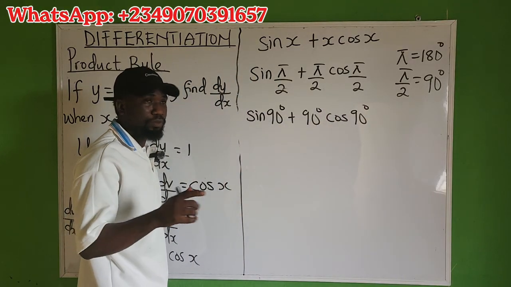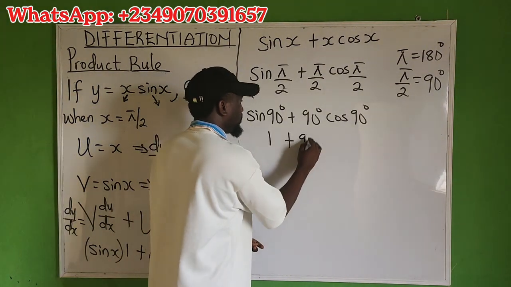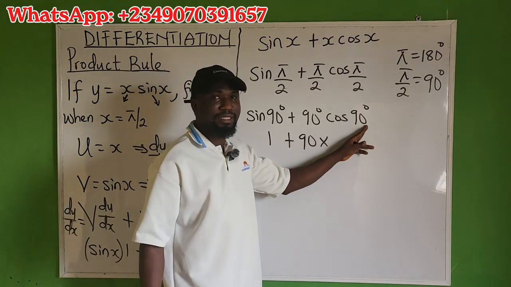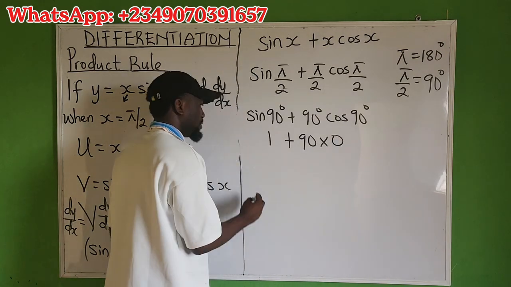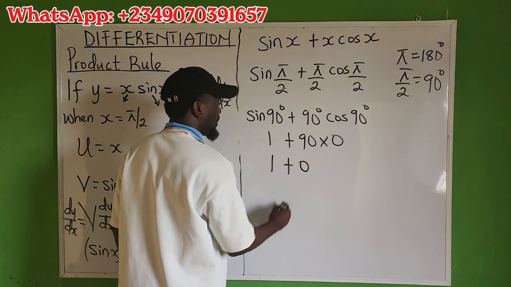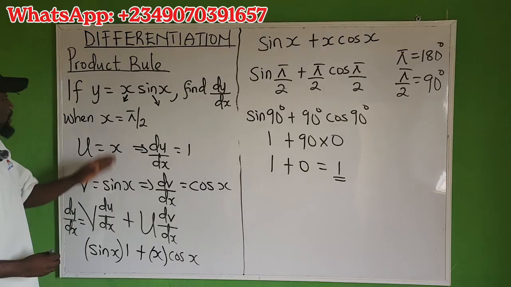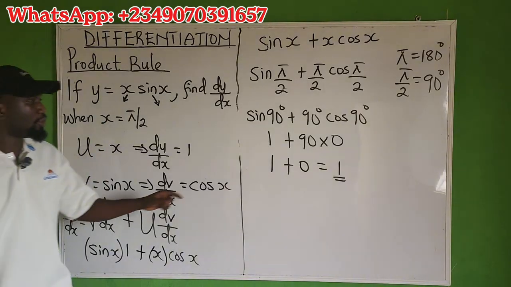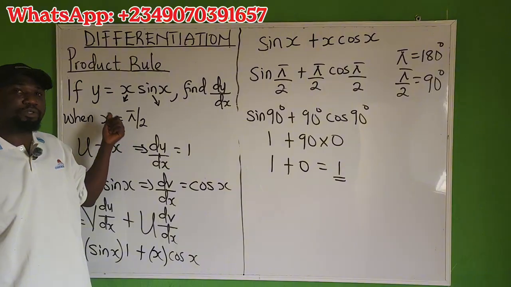Sine 90 is 1. 1 plus 90 now multiplied by, what is cos 90? Cos 90 is 0. Then we have 1 plus 90 times 0, that is 0. And then the final answer is 1. So for this question, the answer is 1 when x is equal to pi over 2.